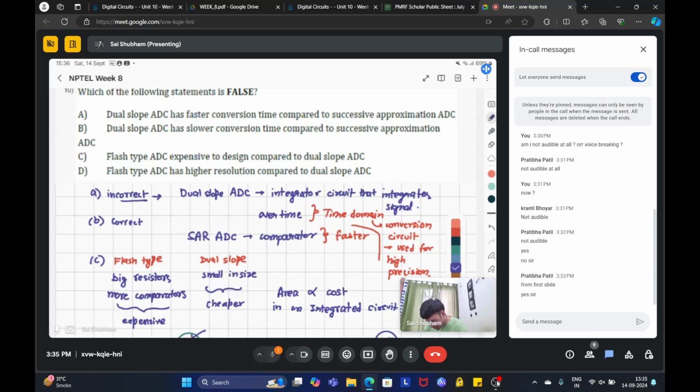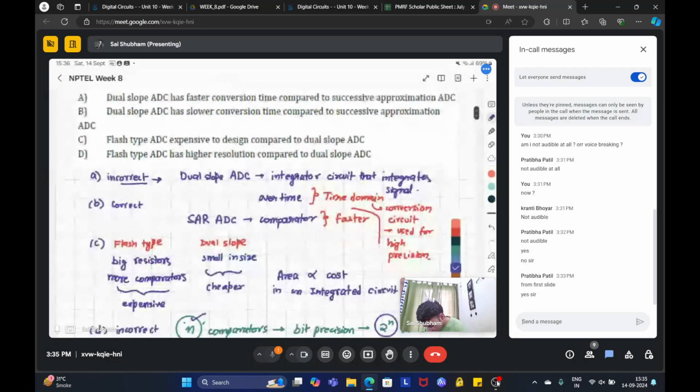In successive approximation ADC, we have a comparator, which is much faster. The second option says the opposite, so that's why it's correct. The third option says that flash type ADC is expensive to design compared to dual slope ADC. As I suggested earlier, bigger area directly relates to more cost.